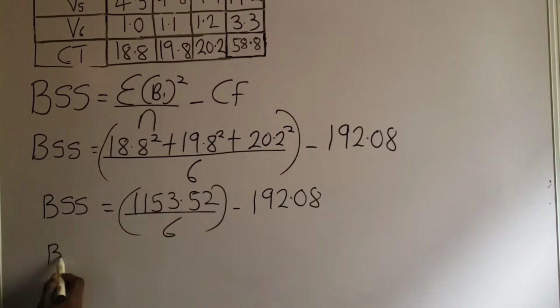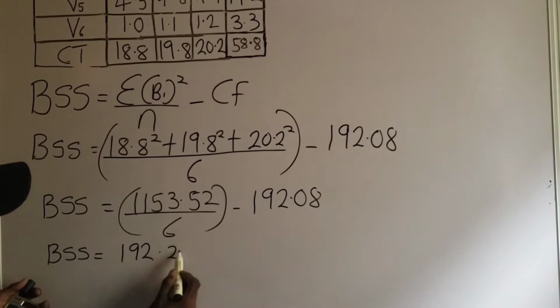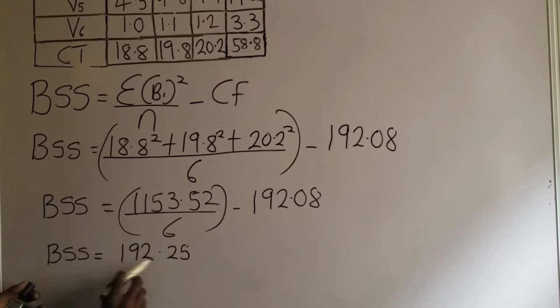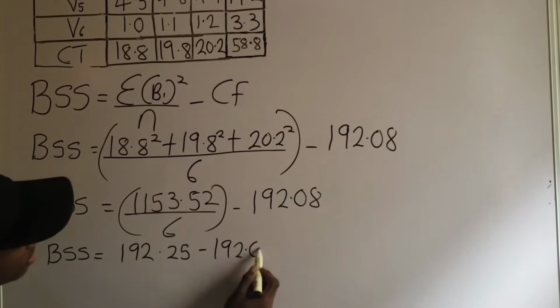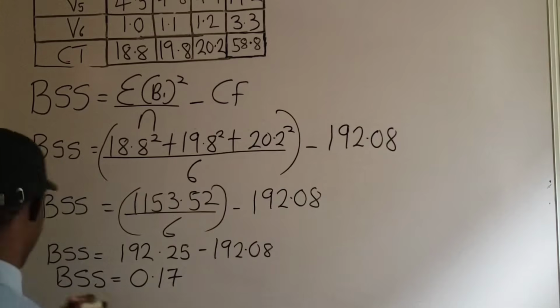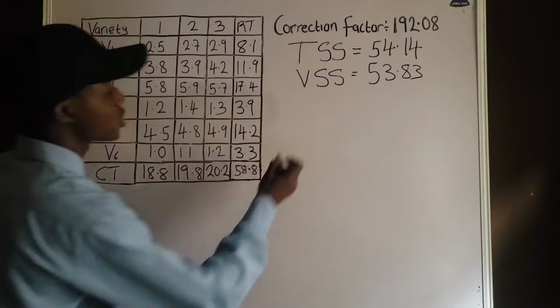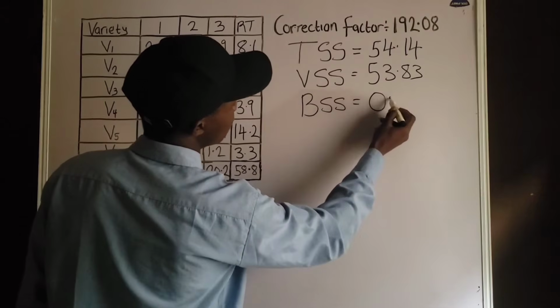So when I divide this, I got 192.25 minus 192.08. Block sum of squared is equal to 0.17. So after getting the block sum of squared, the block sum of squared is equal to 0.17.